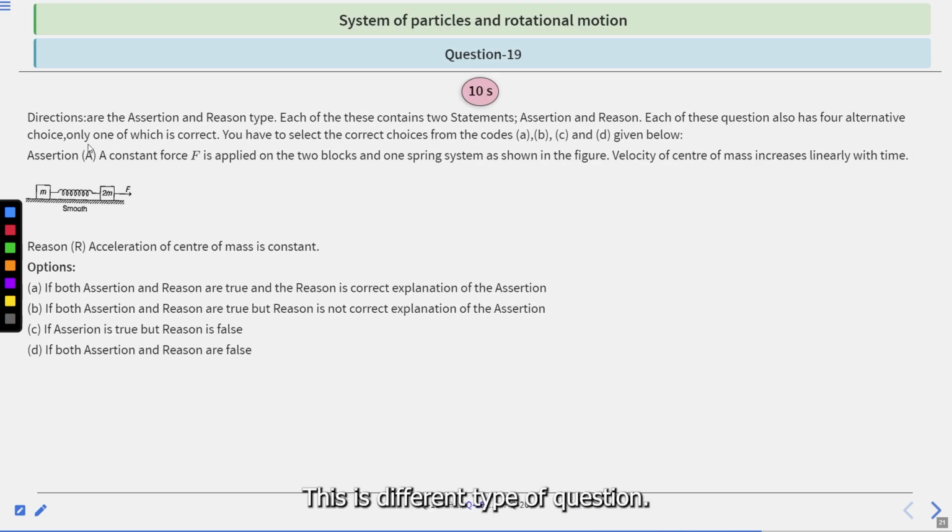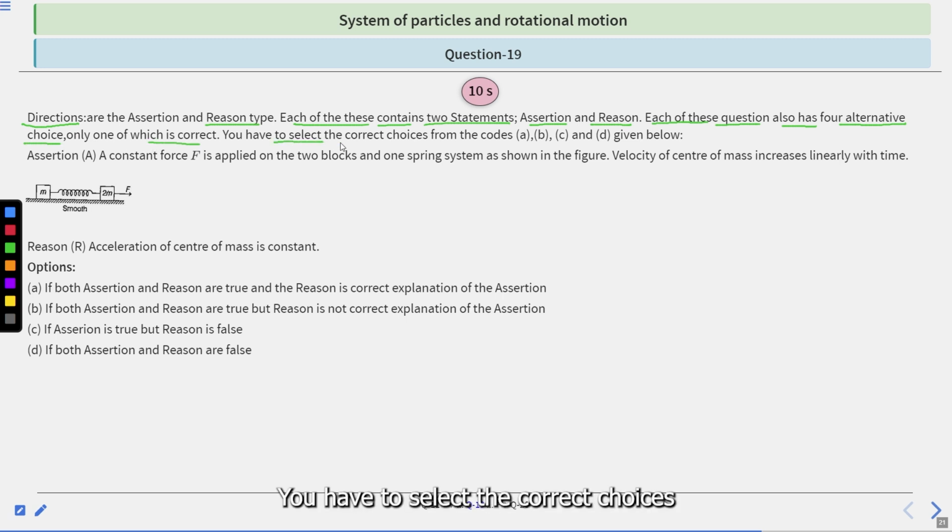This is a different type of question. The directions are of the assertion and reason type. Each of these contains two statements, assertion and reason. Each question also has four alternative choices, only one of which is correct.